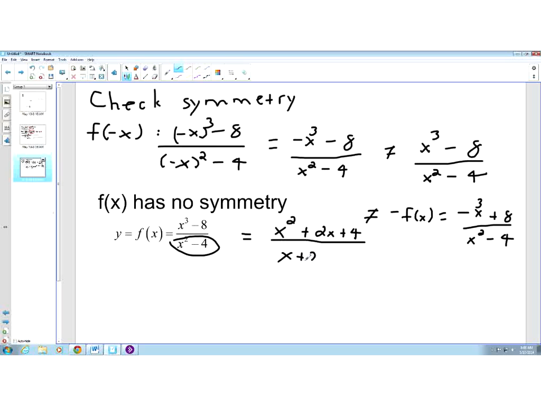So after the cancellation of common factors, we see that x equals minus 2 is a vertical asymptote. All right, so we have one slant asymptote and one vertical asymptote and no horizontal asymptotes. Okay, so the next thing we want to deal with is we want to find the intercepts.